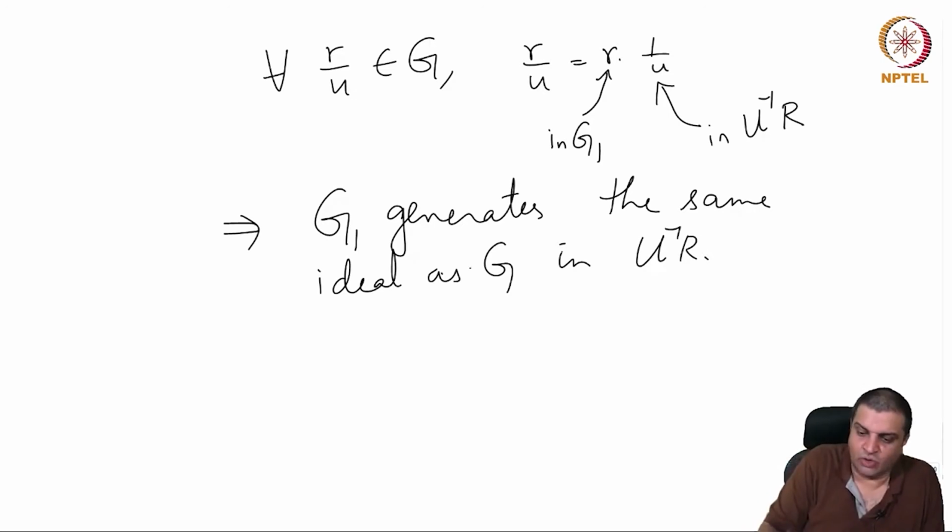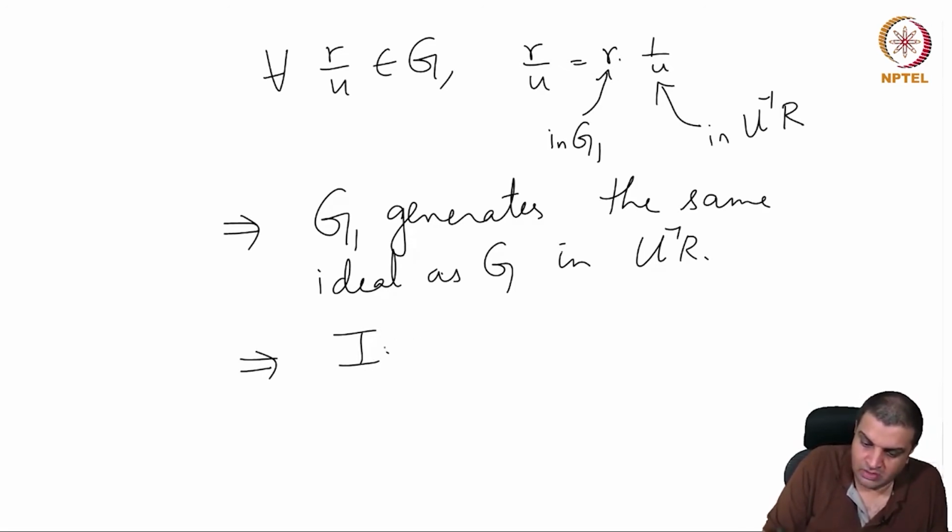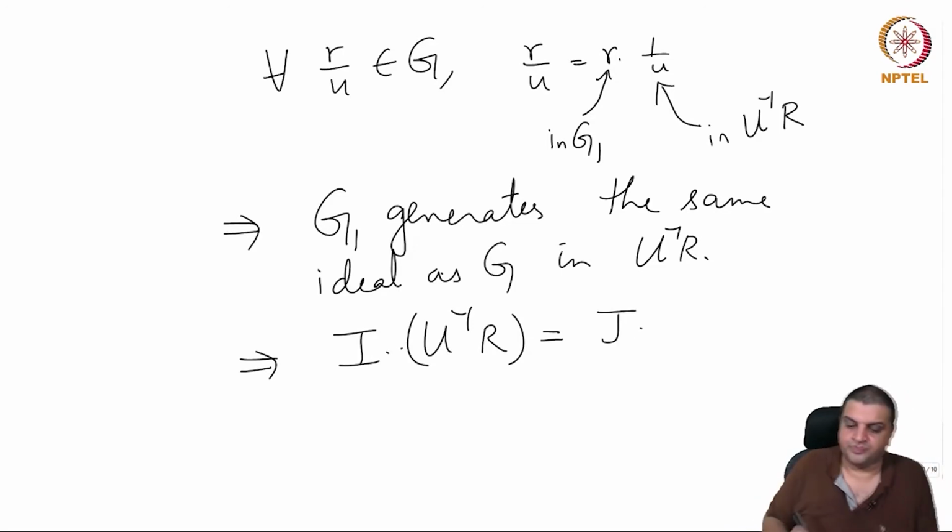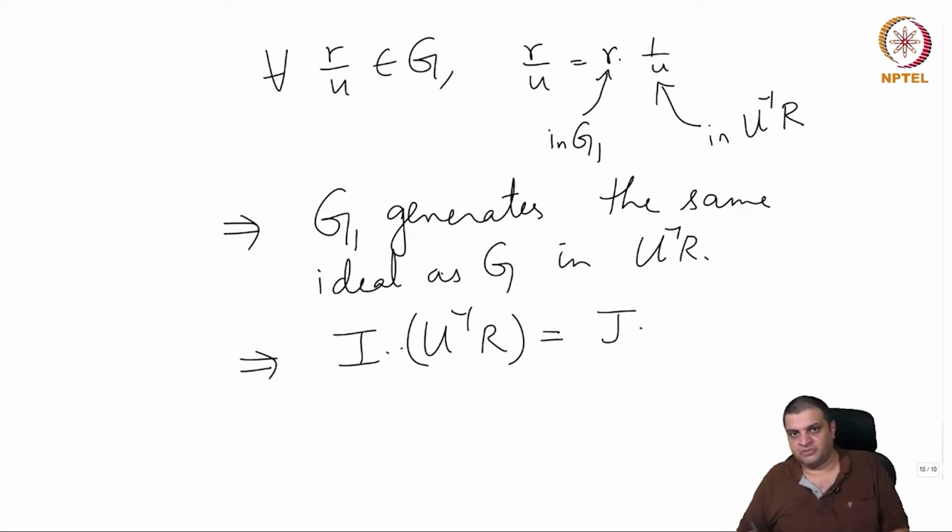Okay. G does not belong to R, so this statement makes sense only in U inverse R, and from this we can conclude that I extended to U inverse R is J. Notice that I itself is a subset of J, therefore if you extend I to U inverse R, it is going to be a sub-ideal of J. But already the subset G1 generates J, therefore I also generates J. Okay.